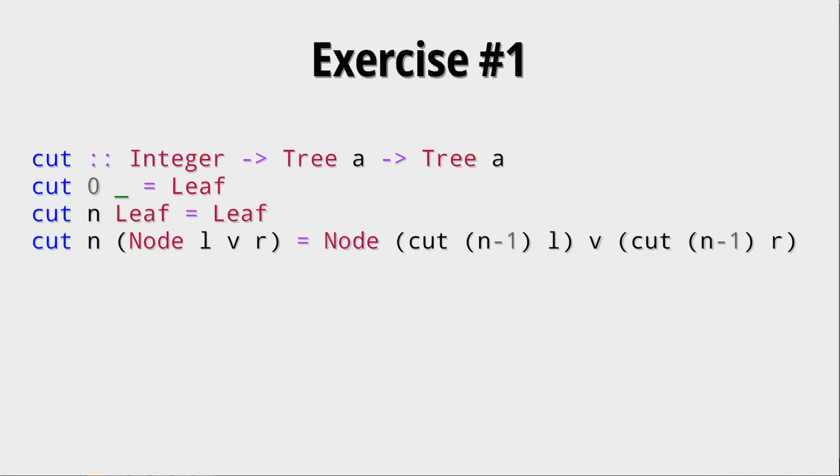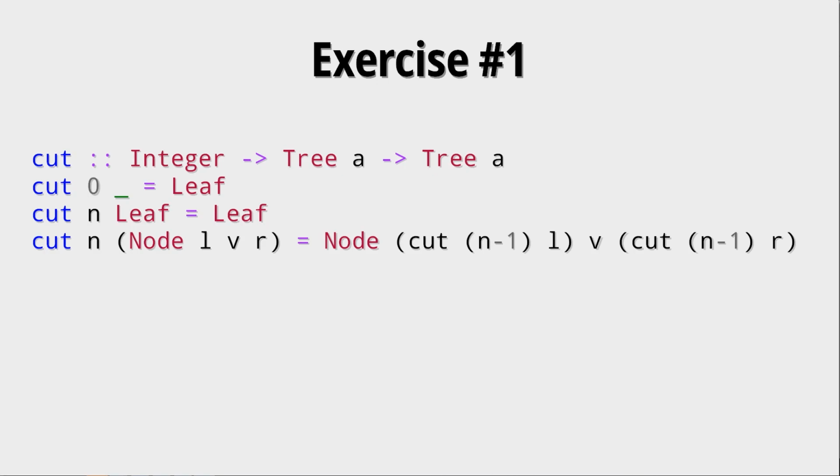So, okay, if we are at the point where we cut 0, then the tree we have is irrelevant. We just return a leaf. And if we need to cut another height, so some positive n, but we are already at a leaf, there is nothing we can cut, so we return a leaf. The interesting part is when we actually have to cut something and we have some node.